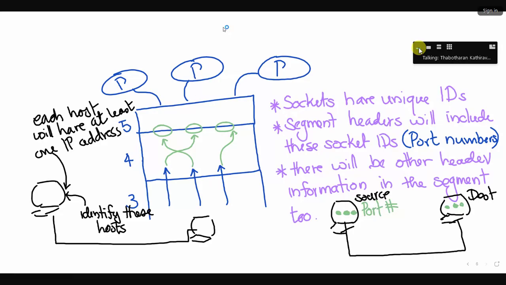At the same time, at the destination there will also be ports, called the destination port number. They will be included in the segments in addition to the other fields. So this is what I was referring to: these socket IDs will be included in the segments.